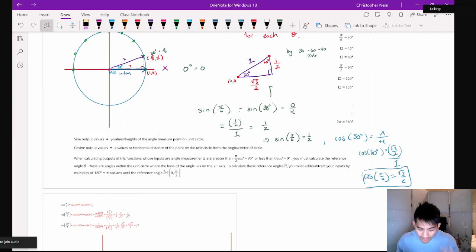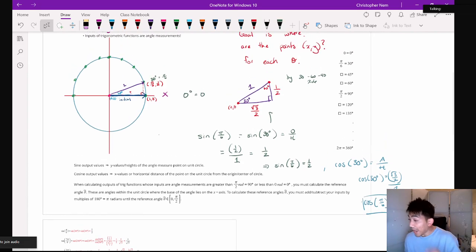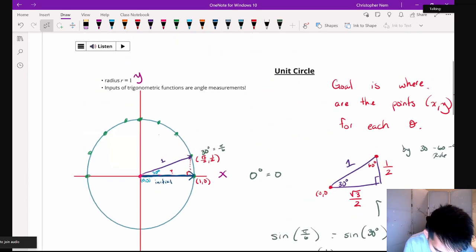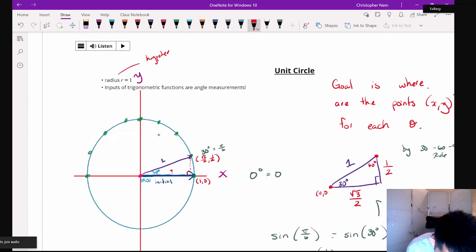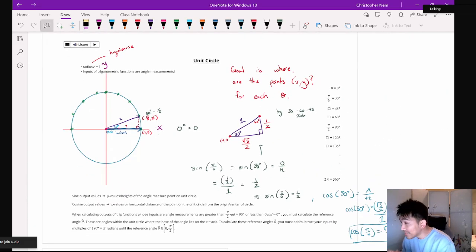Now, this is actually very powerful because in every single one of these pieces of the unit circle, you notice that the hypotenuse is always the radius. So maybe you want to make that note: the hypotenuse is always the radius. Which means that if I wanted to calculate the sine or the cosine of an angle measurement, the final piece is dividing by 1, or dividing by the hypotenuse.